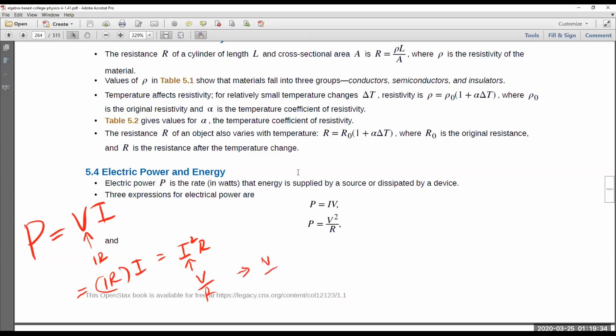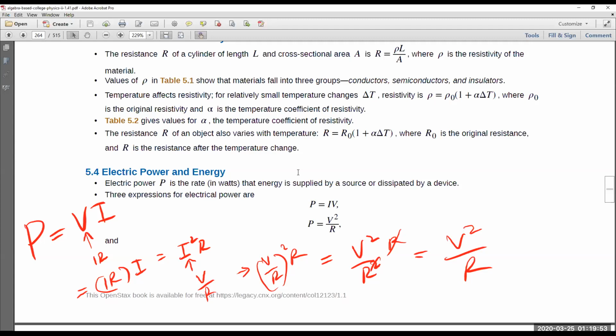With V over R squared times R. So this is the same as V squared over R squared times R. So this R will cancel this one R, and you end up with V squared over R.